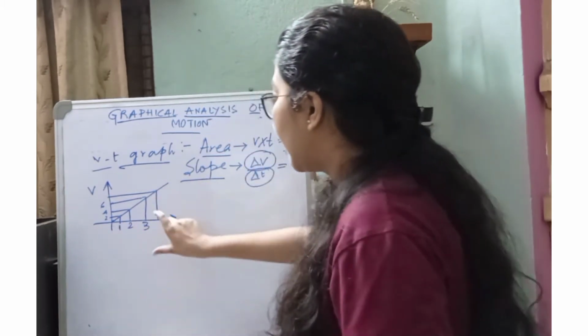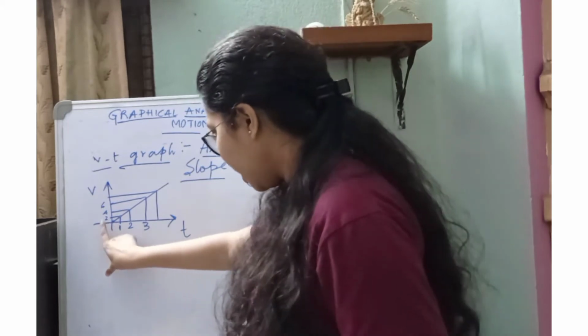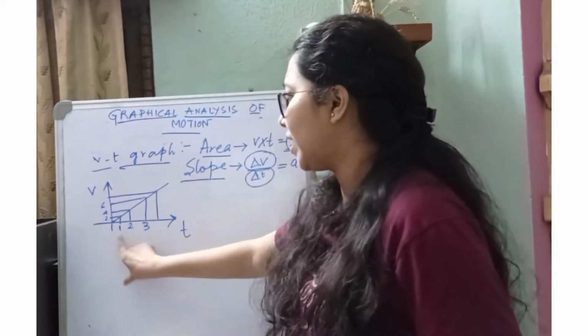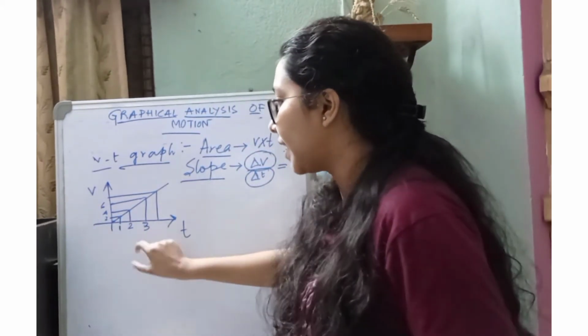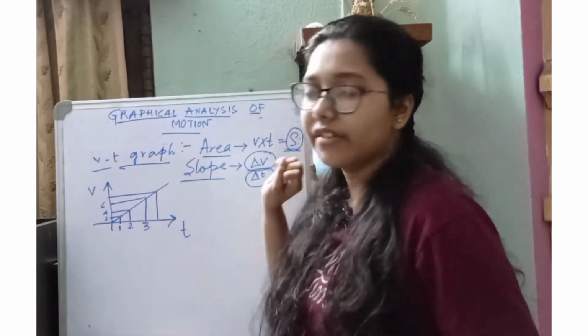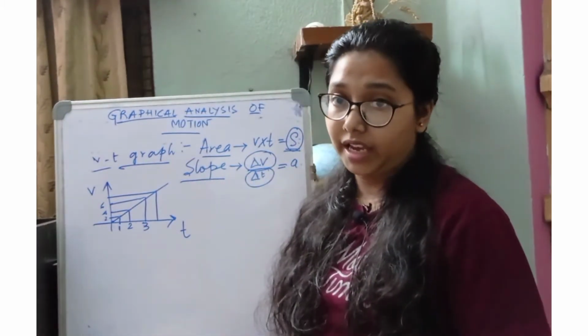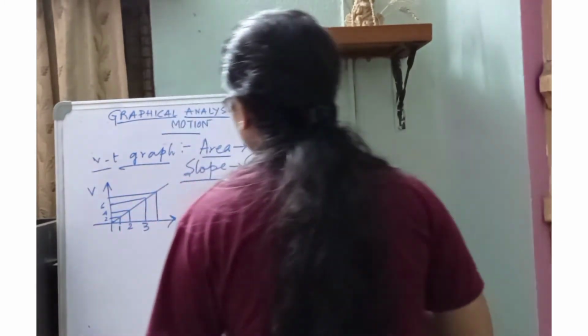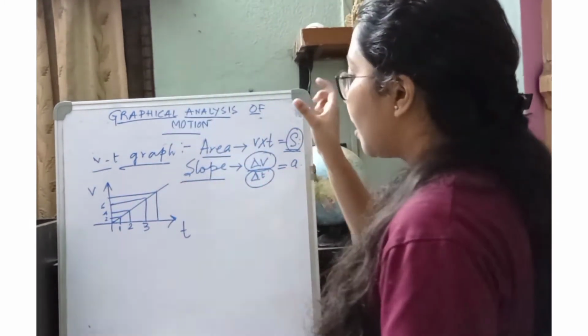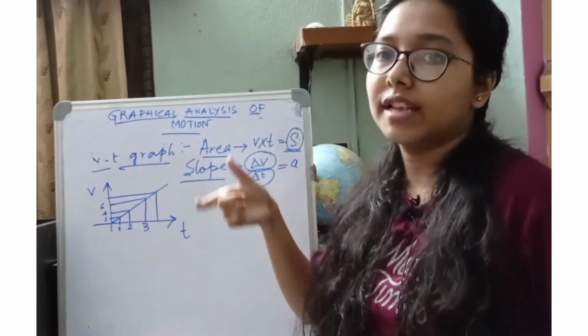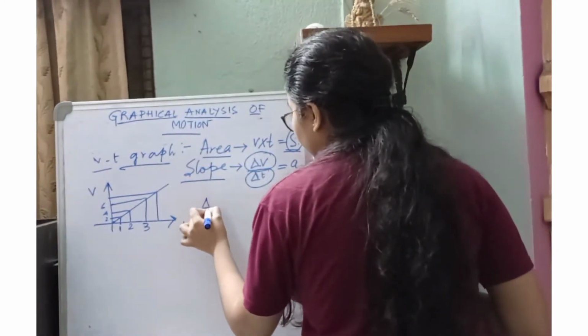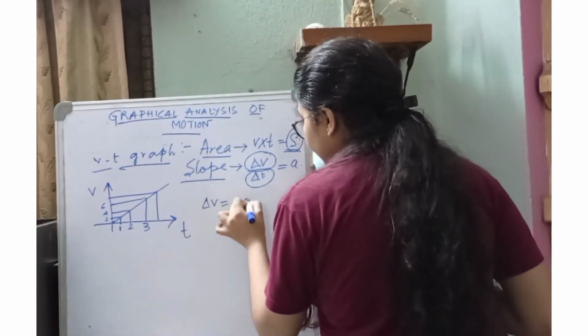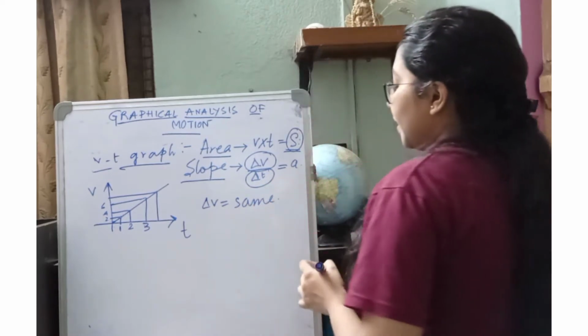That is why if you see the slope, V by T, 2 by 1, 4 by 2, 6 by 3, ultimately all the values give the same thing, right? So V is consistently increasing. The increase in V, that is the delta V value, is also the same, right?